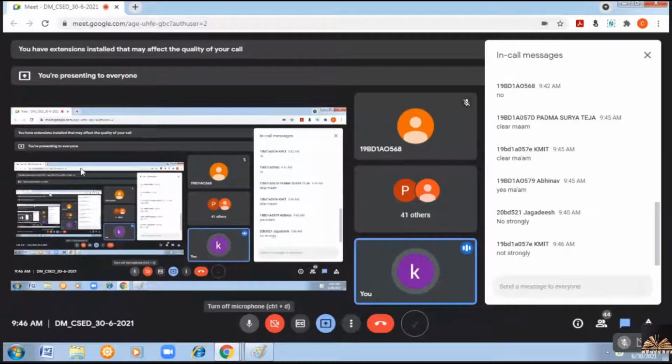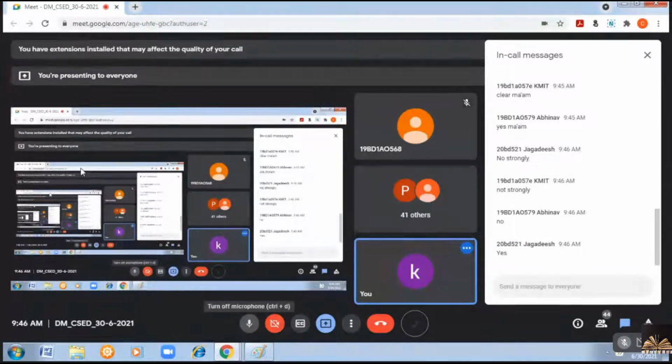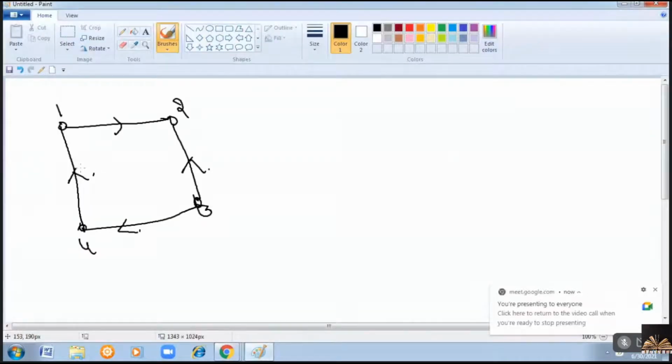Is it unilaterally connected? Yes, it is not strongly connected, but it is unilateral.